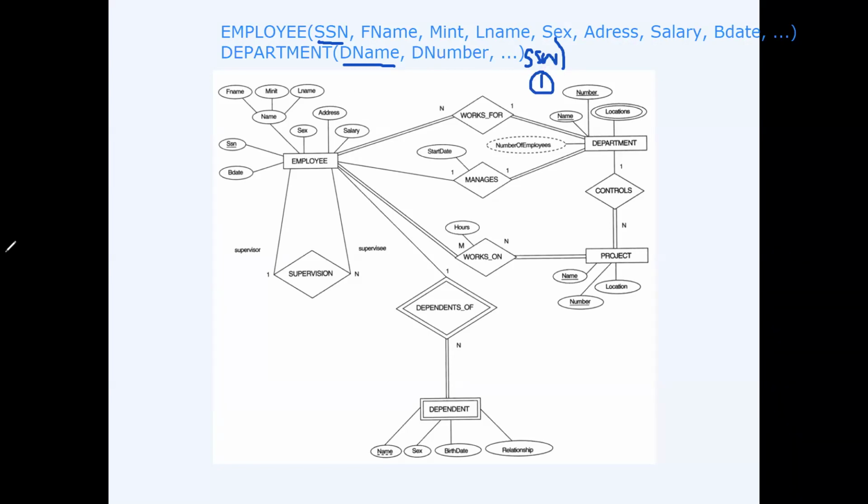Then putting department name in this is 2. Everyone tell me which one is the best. Put in department number for each employee or put in social security number in each department.